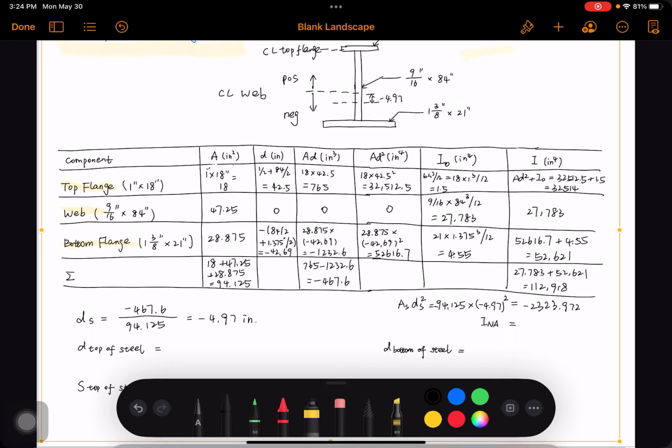And the moment of inertia about the neutral axis is 112.918 minus 23.972 equal to 110.594 inch to the fourth power.